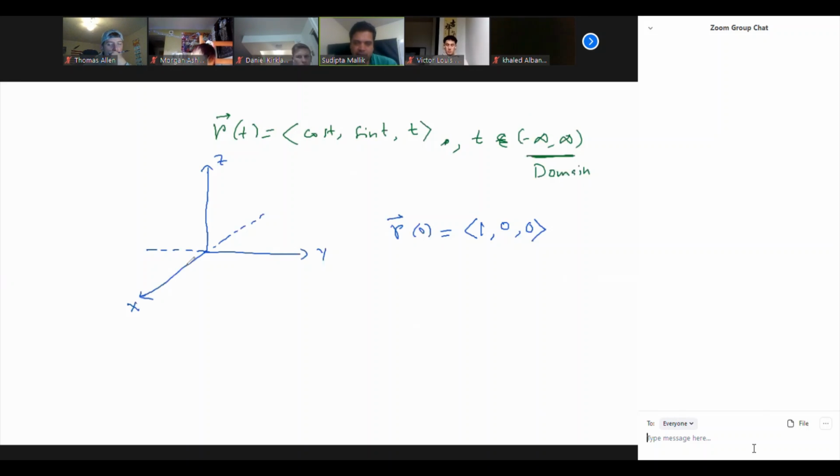So this is this point. Then plug in, let's say, r evaluated at pi over 2. Pi over 2 is like 3.14 divided by 2, right? So that will be cosine pi over 2 is 0, sine pi over 2 is 1, and the height is pi over 2. So it will be here.